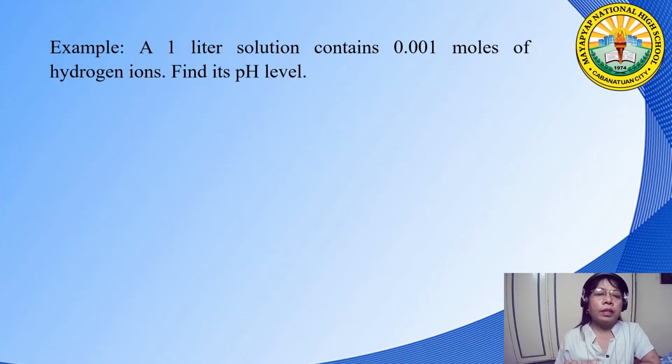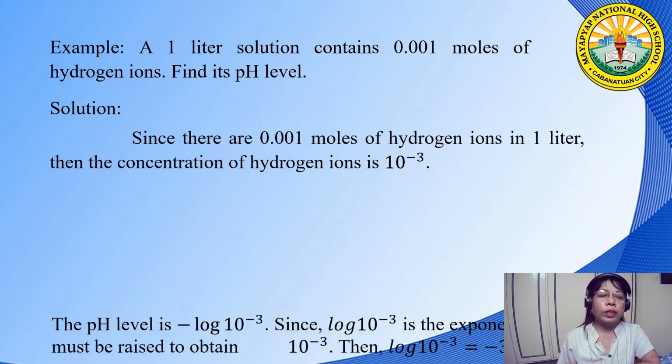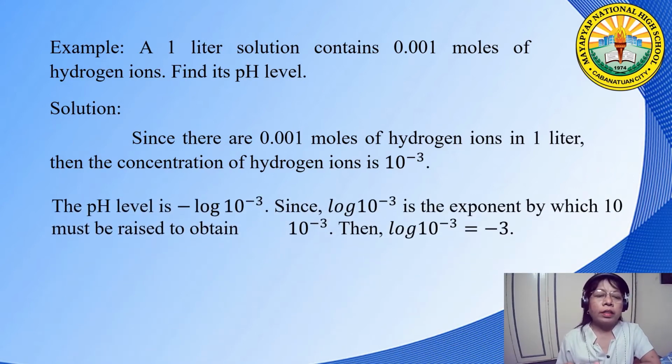Example, a 1 liter solution contains 0.001 moles of hydrogen ions. Find its pH level. Since there are 0.001 moles of hydrogen ions in 1 liter, then the concentration of hydrogen ions is 10 raised to negative 3. The pH level is negative logarithm of 10 raised to negative 3, since logarithm of 10 raised to negative 3 is the exponent by which 10 must be raised to obtain 10 raised to negative 3.